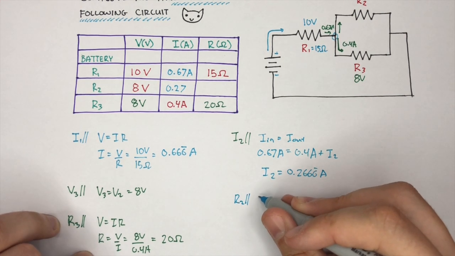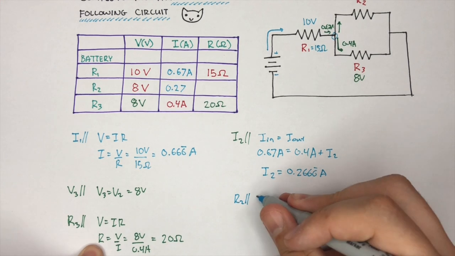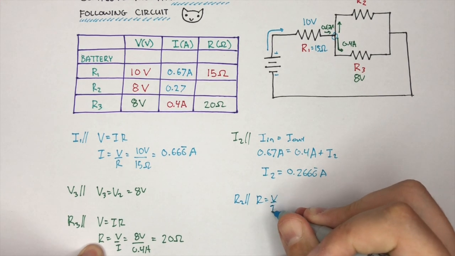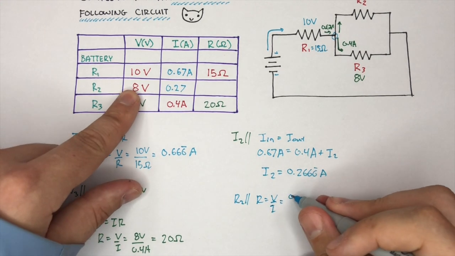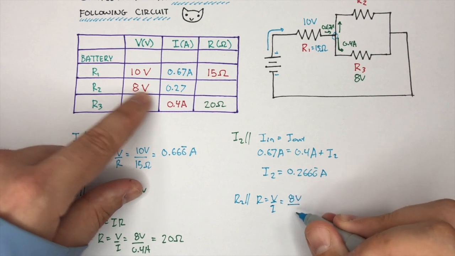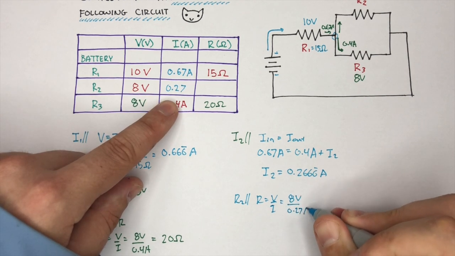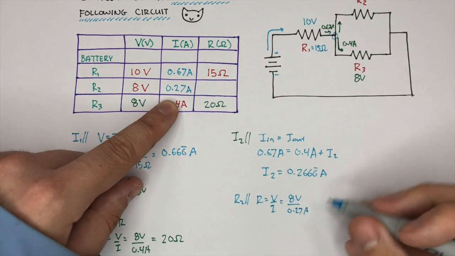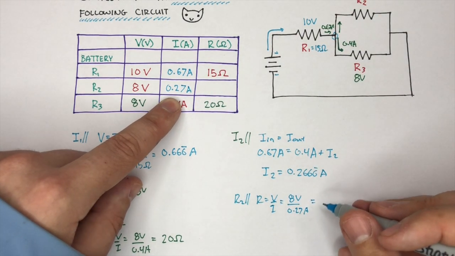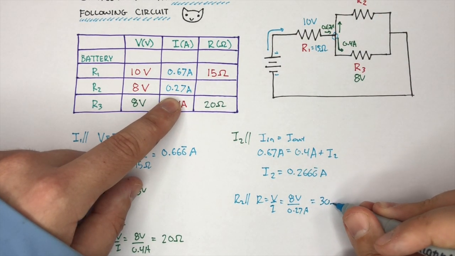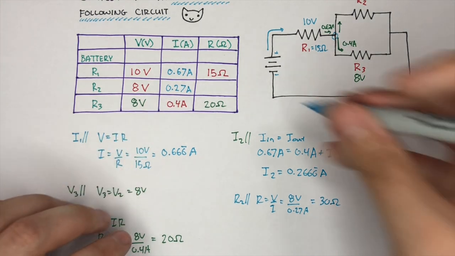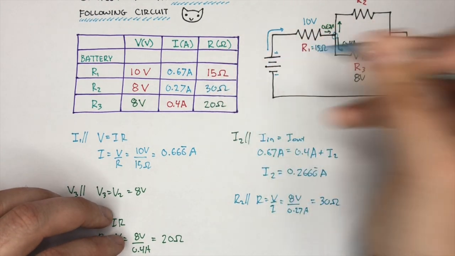R is equal to V over I, which is going to be 8 volts divided by 0.27 amps. I forgot my units here. If I put that in a calculator, I should find that it's about 30 ohms. And that's what I'm going to round it to, because it looks nicer.